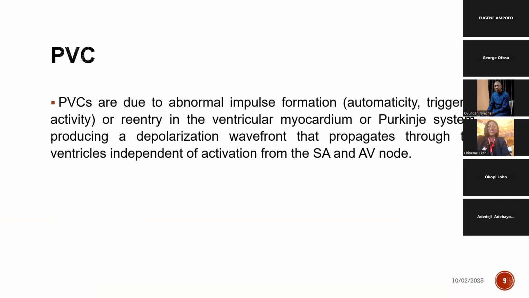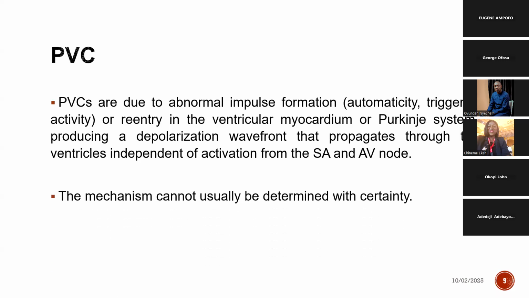PVCs are due to abnormal impulse formation, which may be due to automaticity, triggered activity, or re-entry in the ventricular myocardium or the Purkinje system, which produces a depolarization wavefront that propagates through the ventricle. This happens independent of activation from the sinoatrial node or the AV node.